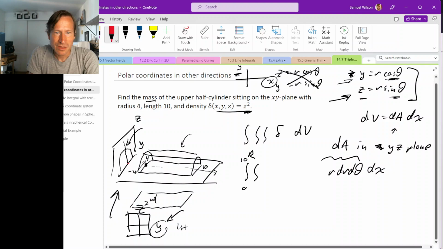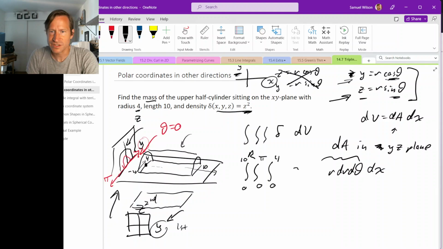Okay, so our theta coordinates are going to go from 0 to pi, and then of course r is going to go from 0 to the radius of our cylinder, which is 4, and our density function is z squared. Sorry, we can't write z squared. We have to write z in terms of r and theta. So z squared is r squared sine squared theta.